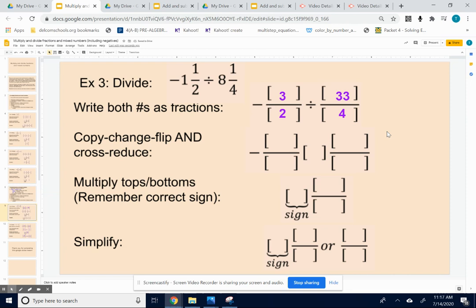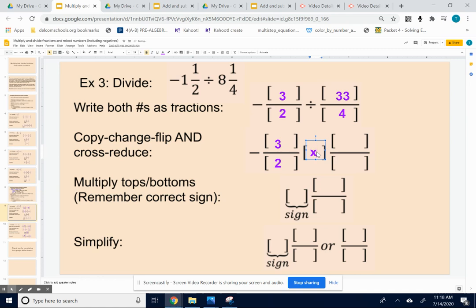Okay, so we wrote both numbers as fractions. Now we want to copy, change, flip. That just means keep the first number the same because we're going to copy it down. First fraction is negative 3/2, just as it was before. We're going to change the division sign to multiply.